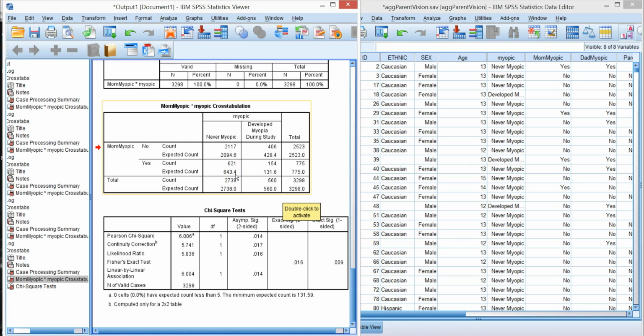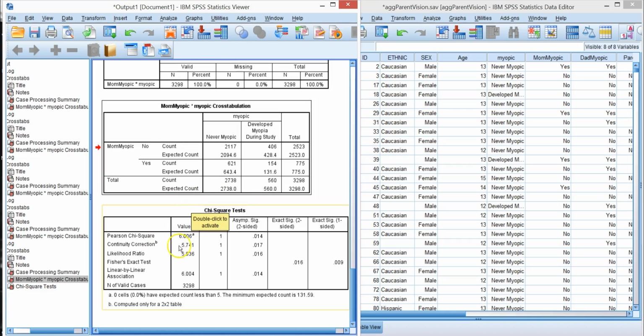Very important distinction. It's perfectly okay to have 0 cases as long as the expected value is 5. Continuity correction is done when you fail to meet that assumption. Also, Fisher's exact test is used for small samples where you don't meet your expectations.